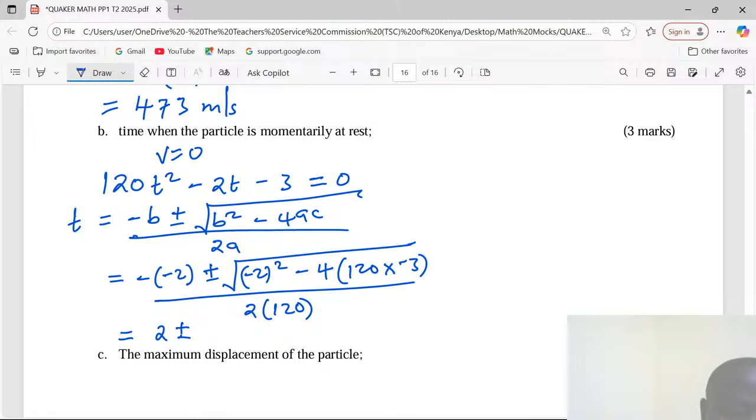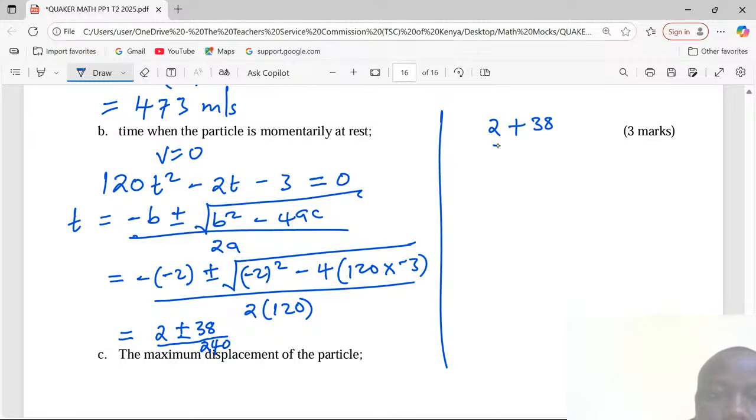Negative 2 squared is 4, then I add 4 multiplied by 120 and 3. So I'm getting 1444. The square root of 1444 is 38. Then everything divided by 240. So I'll be having t equals 2 plus 38 out of 240, or t equals 2 minus 38 out of 240.